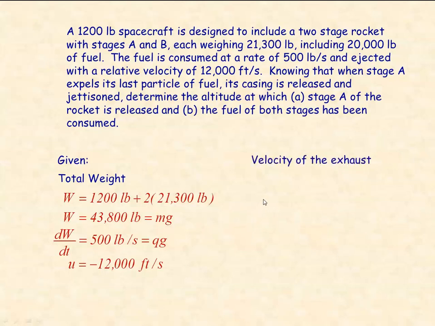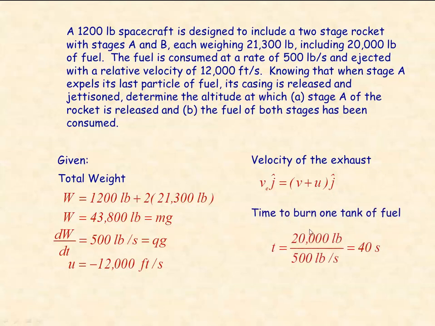So we're going to look at the velocity of the exhaust. We're going to call the velocity of the exhaust V sub E times j. Now, what is the velocity of the exhaust? Well, it's the velocity of the rocket plus the velocity of the exhaust with respect to the rocket. And so that's the velocity of the exhaust right there, V plus U, and then it's times the j unit vector as well.